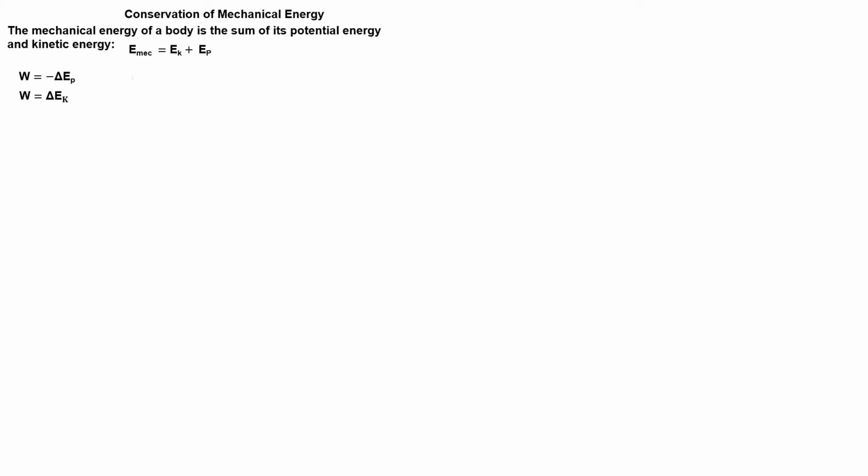We can combine these equations. Rearranging the equation, we arrive at the following very important result. This result is called the principle of conservation of mechanical energy. In words, this equation says the total mechanical energy does not change.